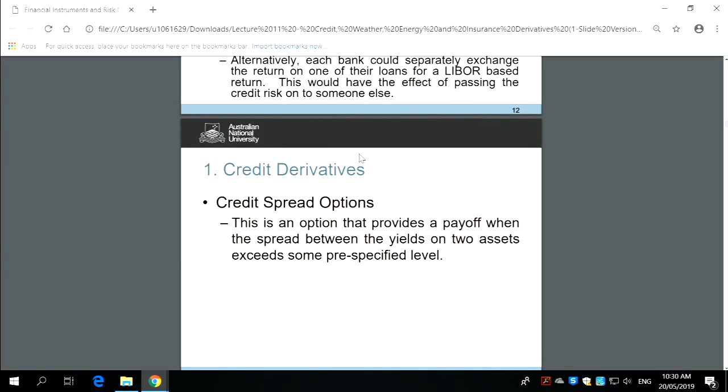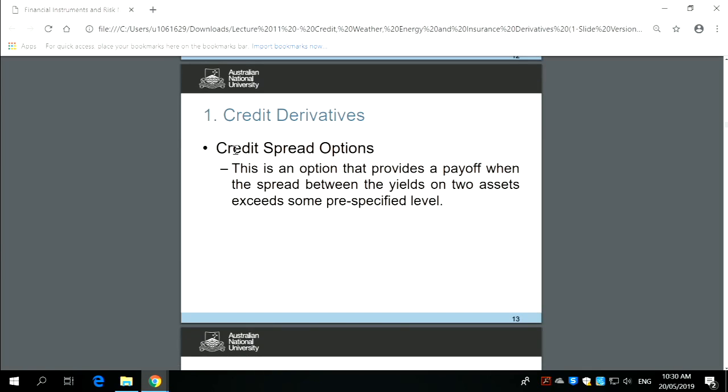All right, then we're going to look at another type of credit derivative, which is called a credit spread option. The idea behind the credit spread option is that if you only invest in one particular asset, and other assets perform really well, then you missed out on those high returns.